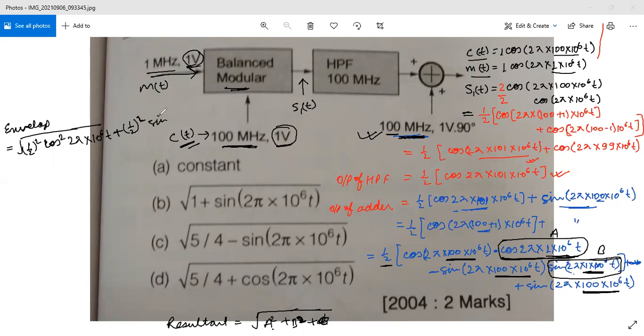So we will have sine square 2 pi into 10 to the power 60, 2 pi into 10 to the power 60 यहाँ भी है और 2 pi into 10 to the power 60 यहाँ पर भी है. ठीक है.